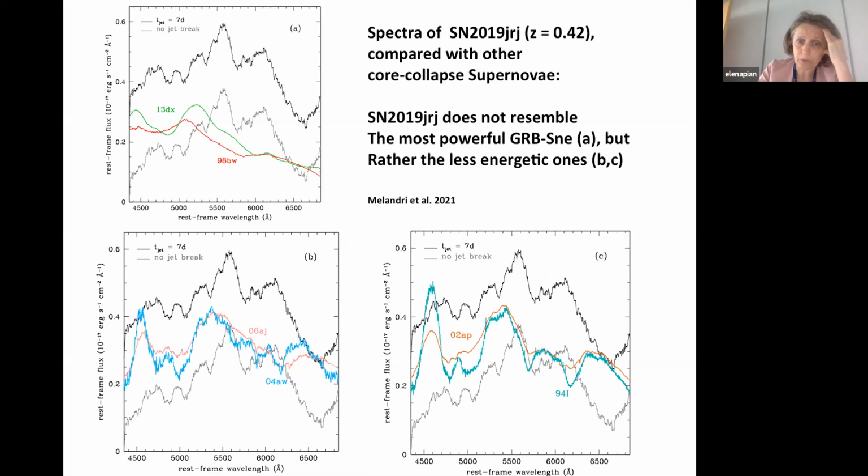So, very remarkably or curiously, although this gamma ray burst emitted up to TeV energies, the accompanying supernova is not one of the most extreme objects. And this is interesting.